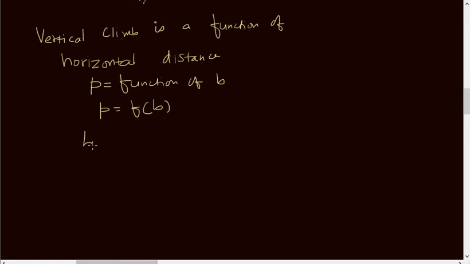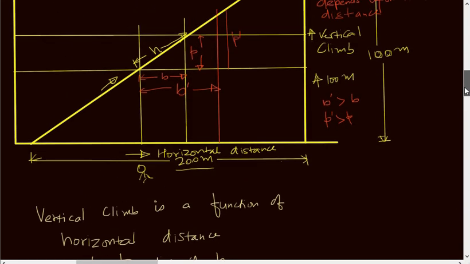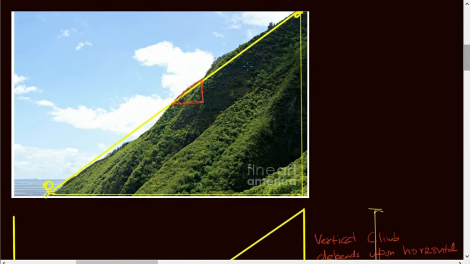If B increases, this implies that P also increases. That means if you move in this direction, you also move in this direction. And that happens because of the way you walk over a hill.